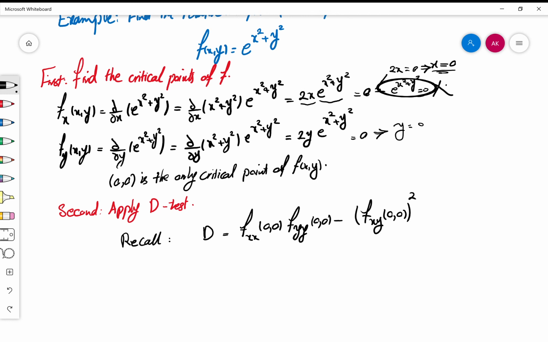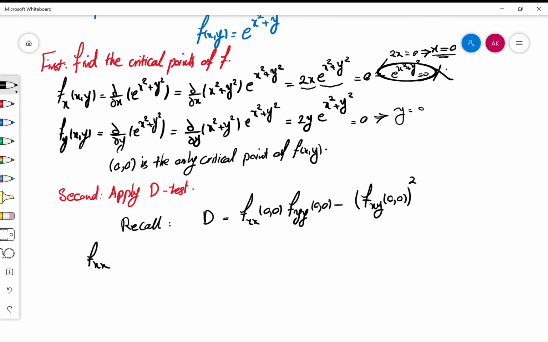So we need to find what is fxx, and then what is fyy, fxy, and then plug in (0, 0) in those, and then form D, and then go ahead and do the D-test.